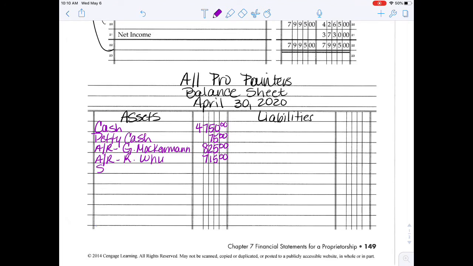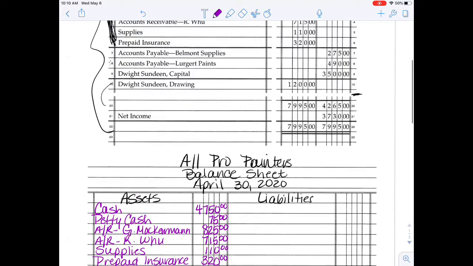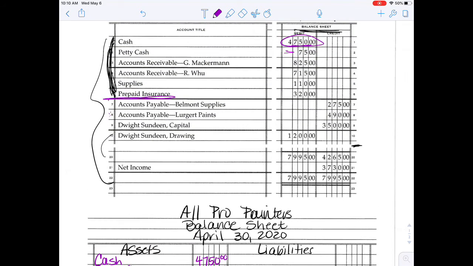We have supplies, which is $110. And we have prepaid insurance, which is $320. Okay. So I've put all of those up to here.